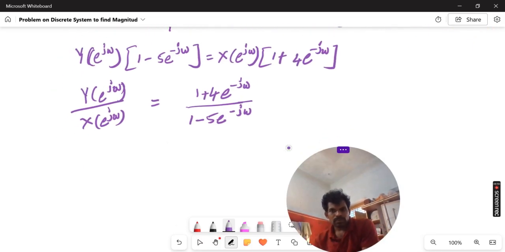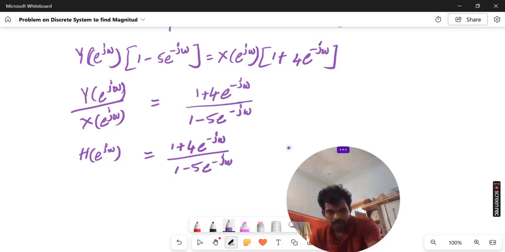Output by input, we will get the system function, which is also called the transfer function, that is H of e power j omega, equal to 1 plus 4 into e power minus j omega by 1 minus 5 into e power minus j omega.